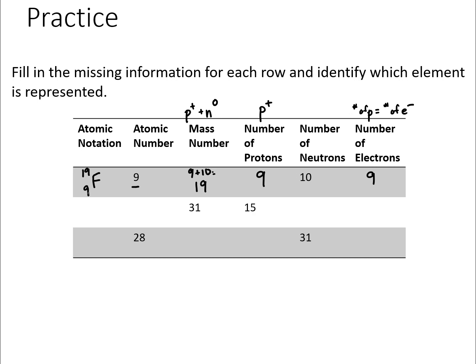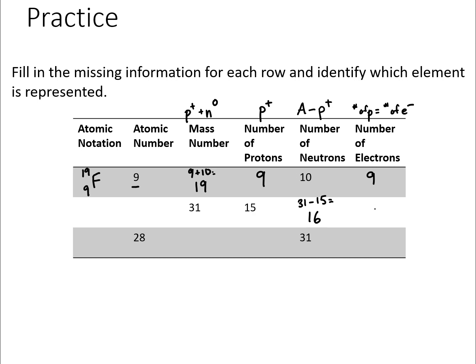Second row, we've got the mass number and the number of protons. If we know that we can add the protons and neutrons together to get the mass number, then we can take the mass number, A, and subtract the protons to get the number of neutrons. 31 minus 15 gives you 16 neutrons.